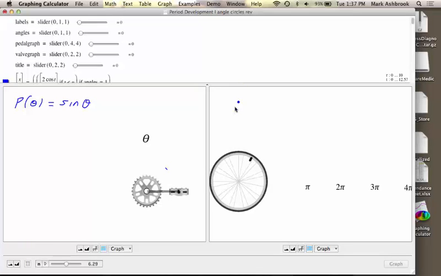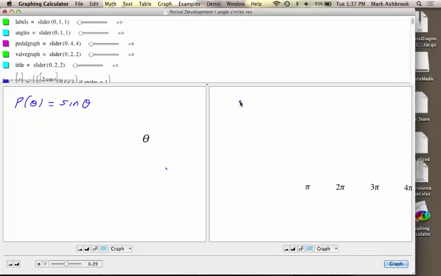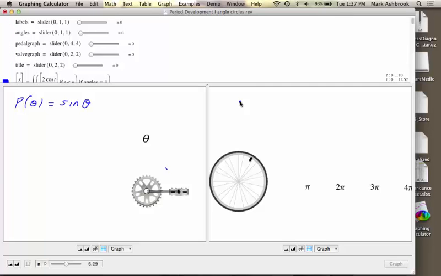And then if we want to write the tire valve's vertical position above the horizontal diameter, but as a function of the pedal angle, what does our argument need to be?